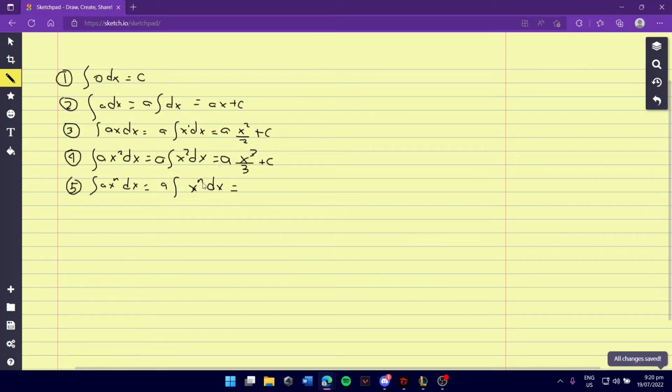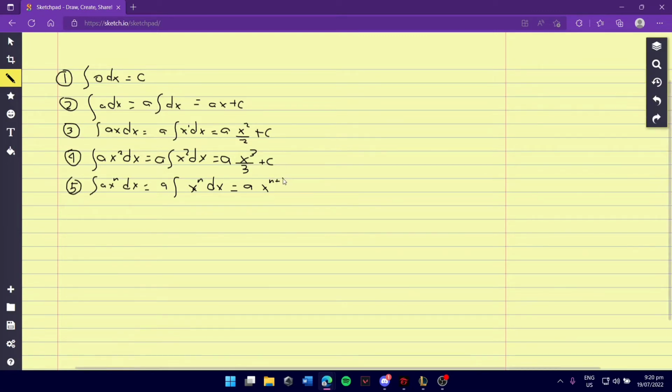Since n here represents the exponent, by integrating x raised to n, as you can see, our exponent will be added by 1.